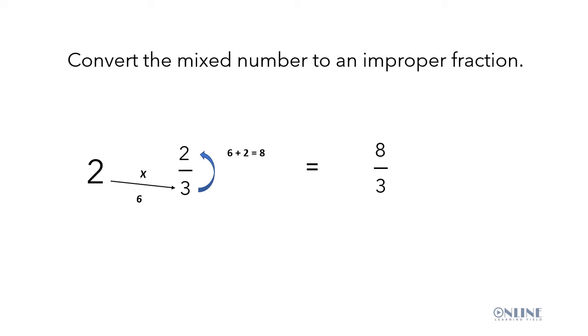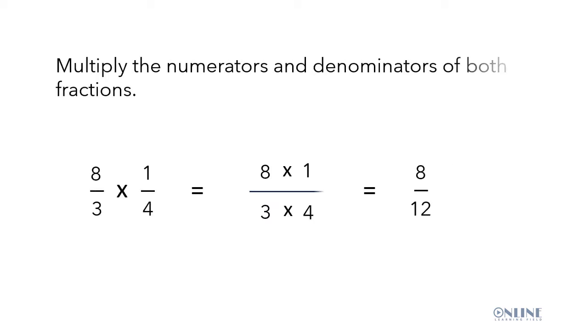We have now converted 2 2/3 to the improper fraction 8/3. To multiply 8/3 by 1/4, we multiply the numerators to give us 8, which becomes the new numerator, and multiply the denominators to give us 12, which becomes the new denominator.